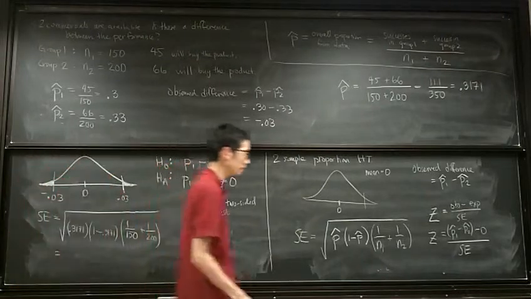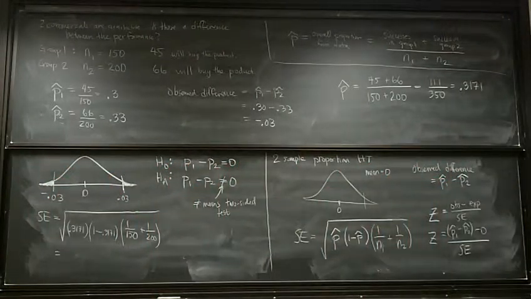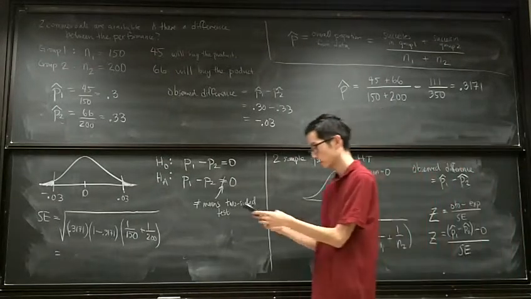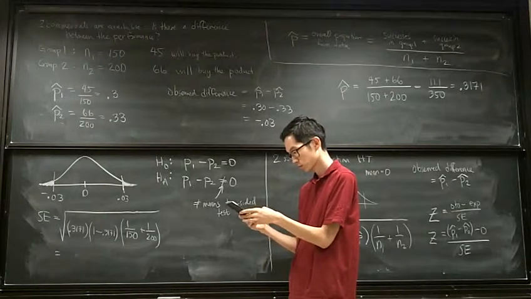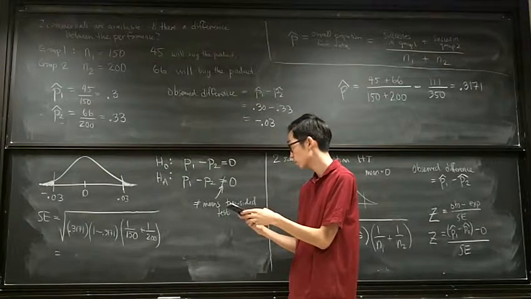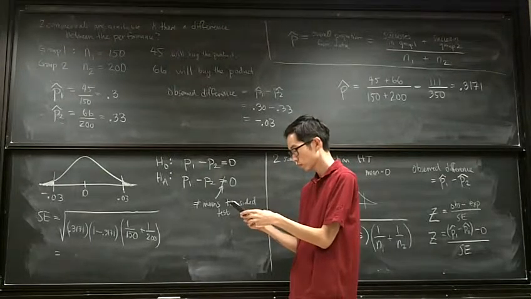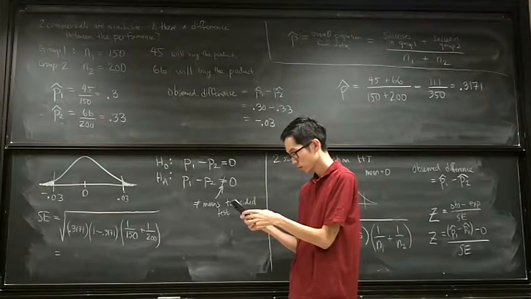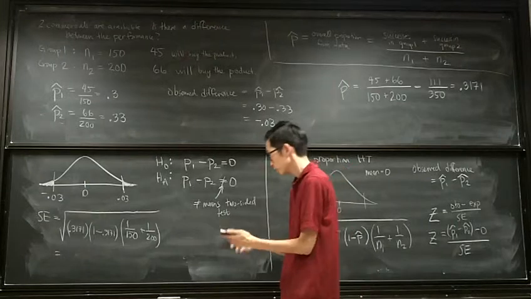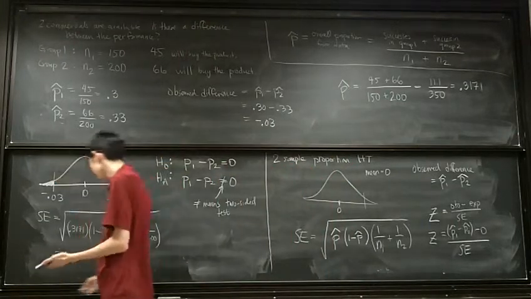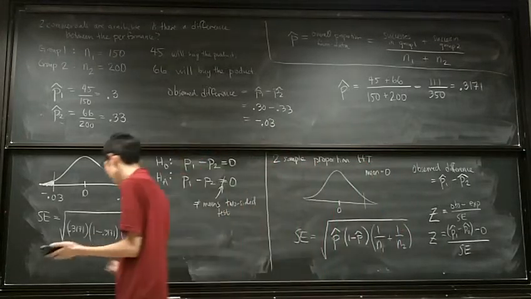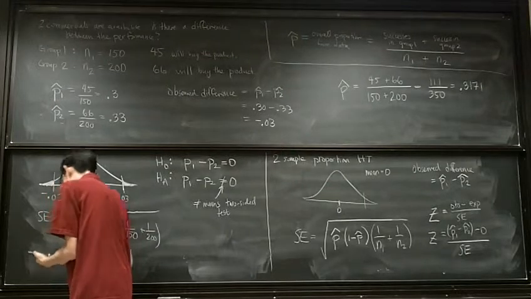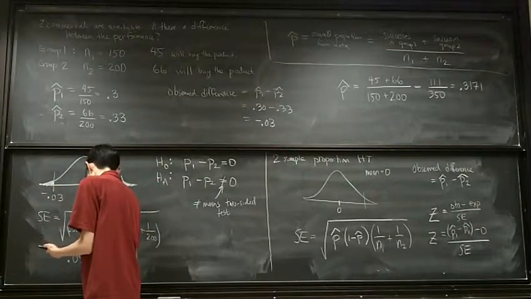Alright. So calculator check. See if you can do this on your calculator and get the same answer. If you have a calculator like this, you can type it basically all in one go, and then you just take the square root at the end.